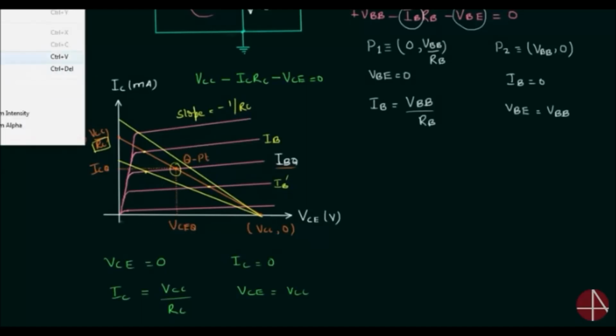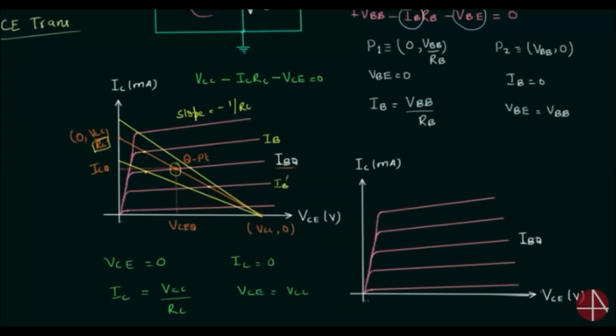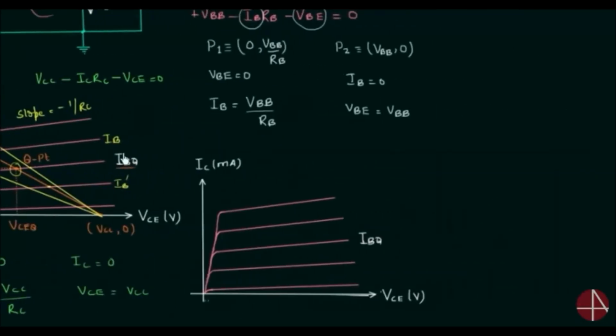I will paste the output characteristics of the common emitter transistor. We will analyze two cases. In the first case, this is the load line, and in the second case, this is the load line. Let's say this load line is load line 1 and this load line is load line 2.